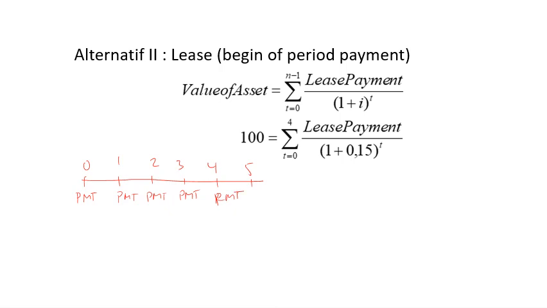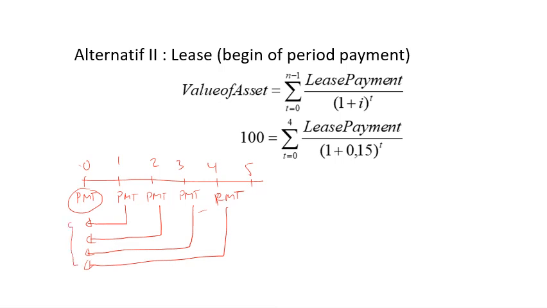Then it means that we need to discount it to year 0. So the values that need to be discounted are only 1 to 4, because the PMT at year 0 remains at the same position of 0. Okay, so then here we can use the annual payment, right?